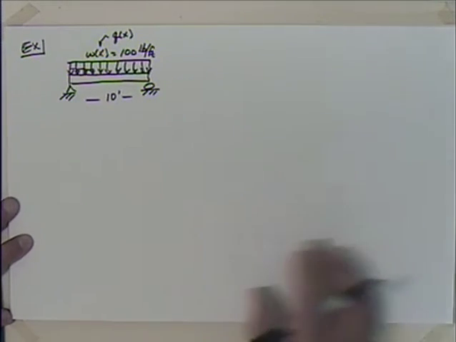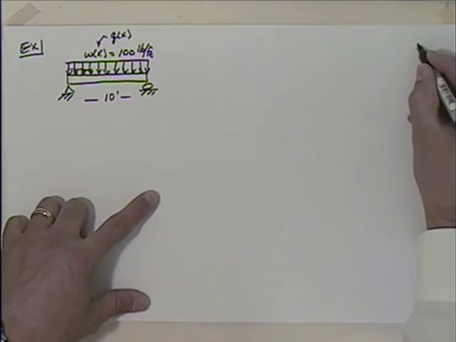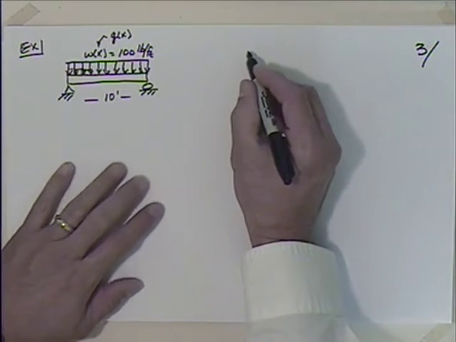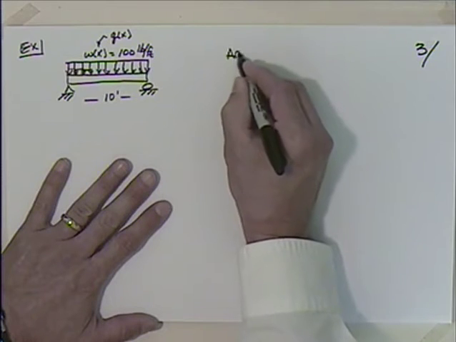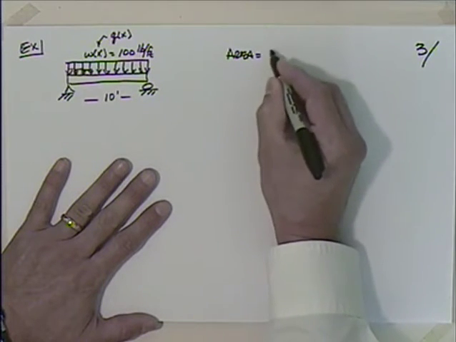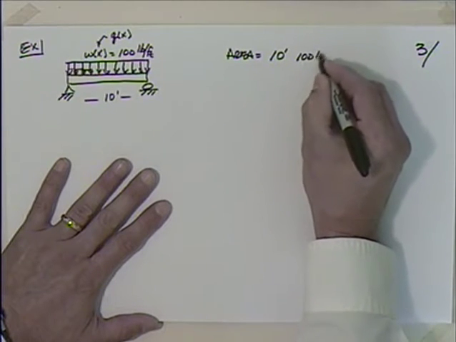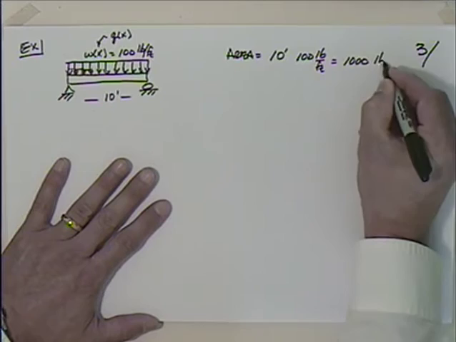Okay, so I guess we could look at the answer of this thing. We know that the area is going to be equal to 10 feet times 100 pounds per foot, which gives me 1,000 pounds.